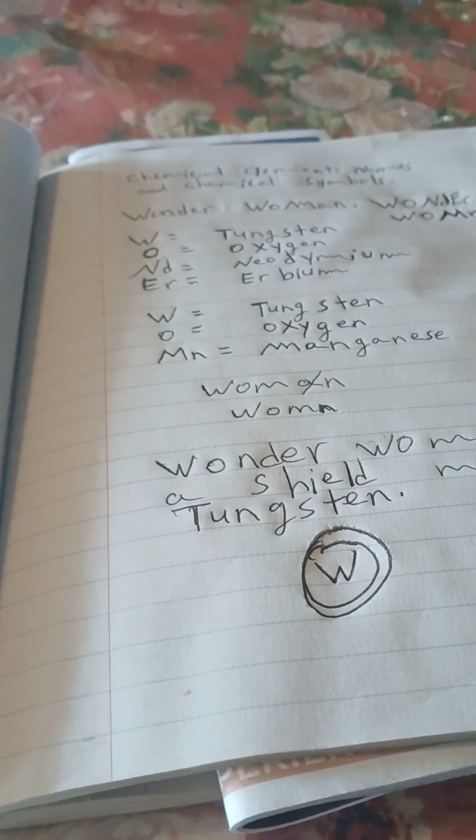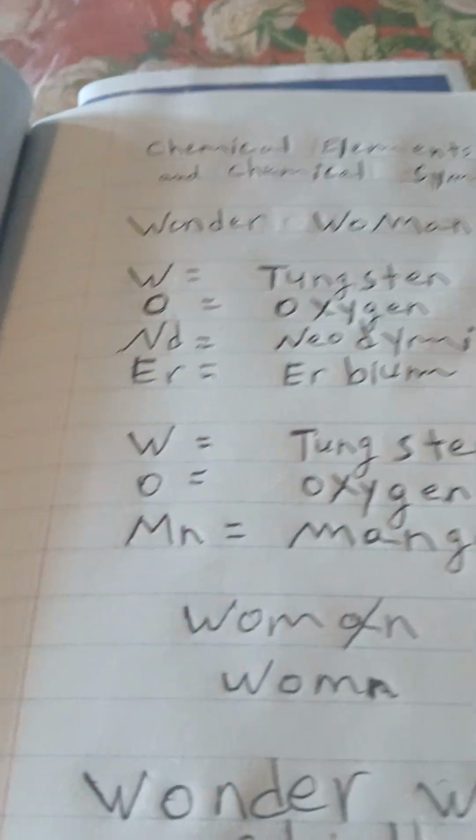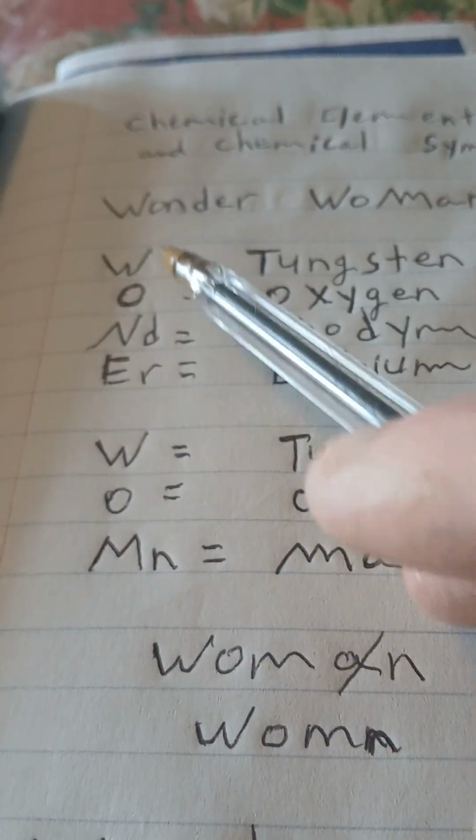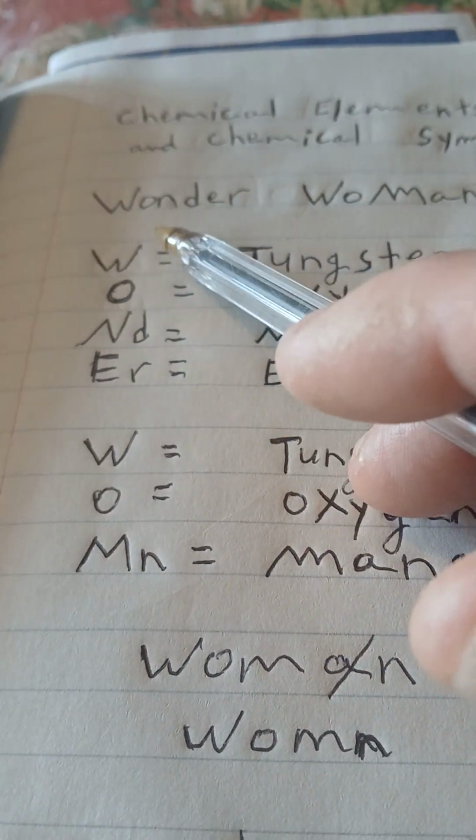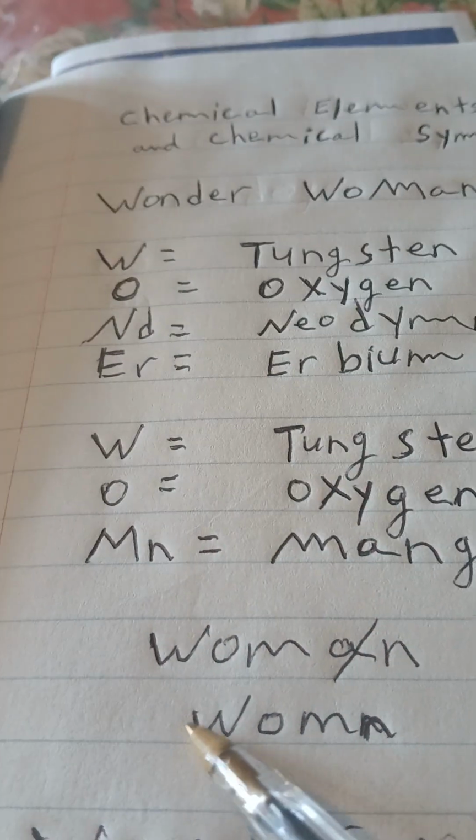Okay? And the word for that would be Wonder Woman. The only thing is you got to make sure you know how to use the chemical symbols. You know, the capitals and everything.